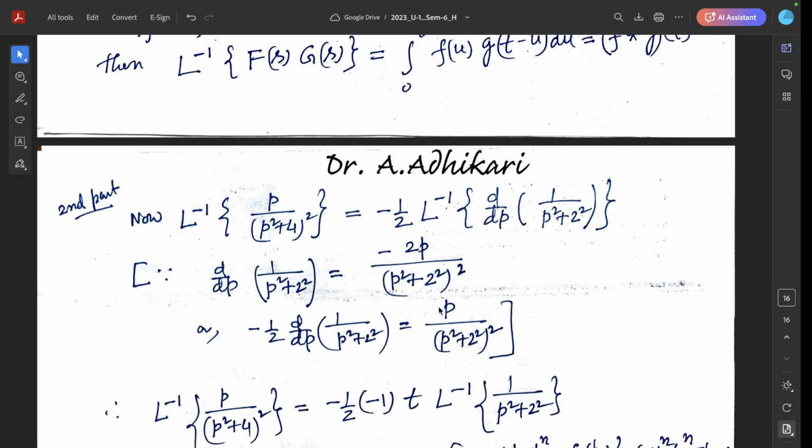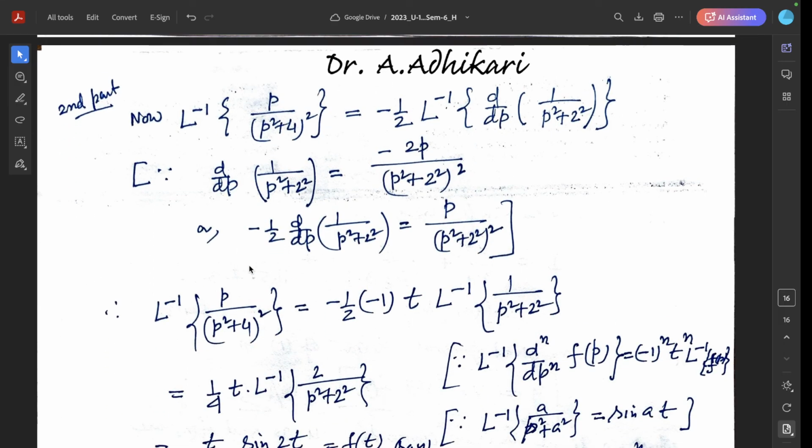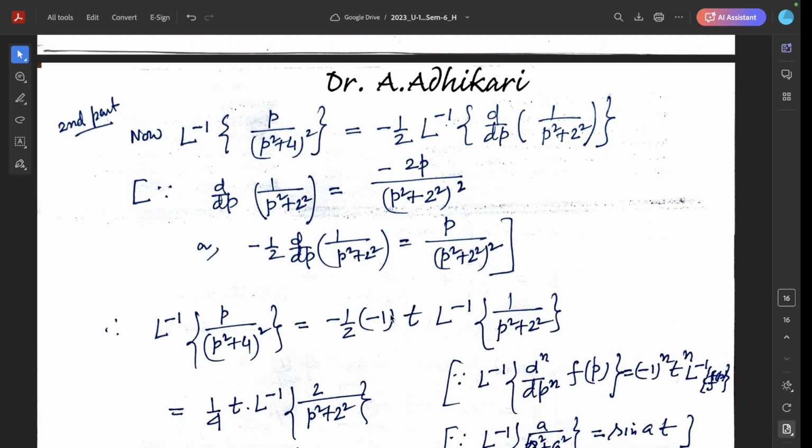So you can write L inverse of p by p square plus 2 square whole square equals minus half into minus 1 t into L inverse of 1 by p square plus 2 square.